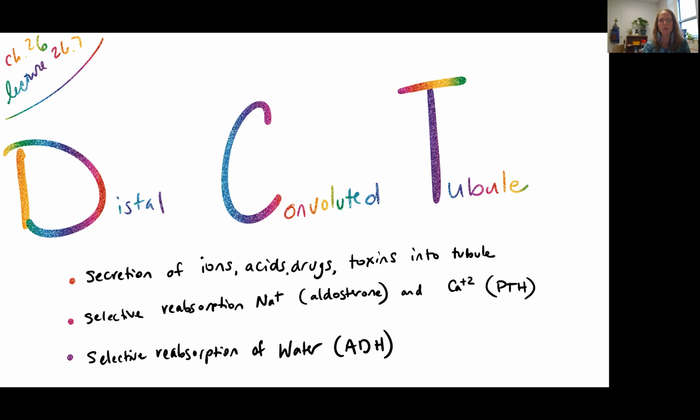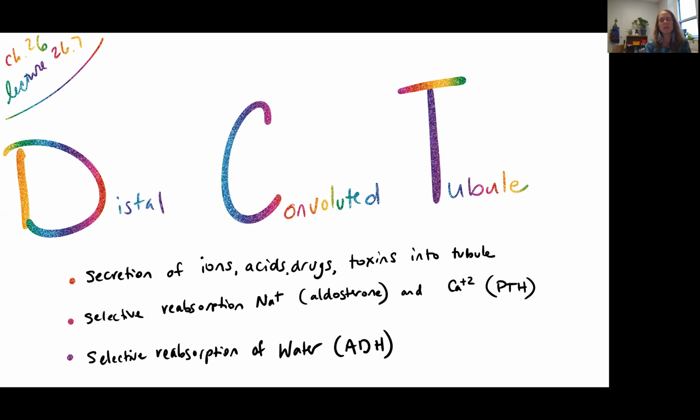This is under the control of the hormone aldosterone, and the selective reabsorption of calcium, which is under the control of the parathyroid hormone, abbreviated PTH. We talked about that as part of our discussion in AMP1 when we had our control of calcium conversation or regulation of calcium in AMP1.